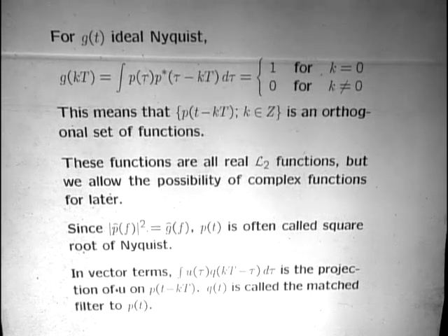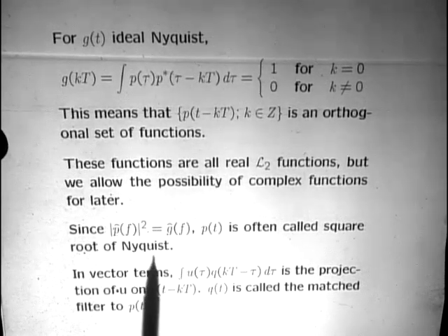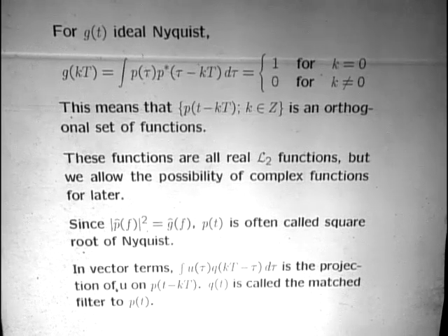Okay, so any way you look at it, we're going to use a pulse waveform p of t which has this property that its shifts are all orthogonal to each other. When we start studying noise, you will be very thankful that we did this, because when you use pulses that are orthogonal to each other, you can break up the noise into an orthogonal expansion, and what goes on at one place is completely independent of what goes on at every other place, and we'll find out about this as we go.